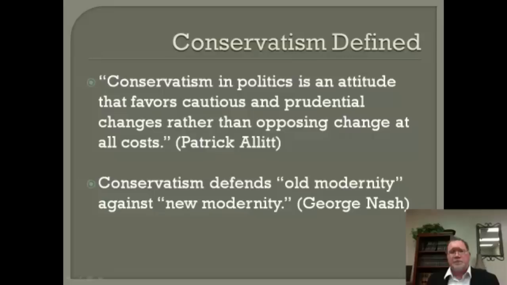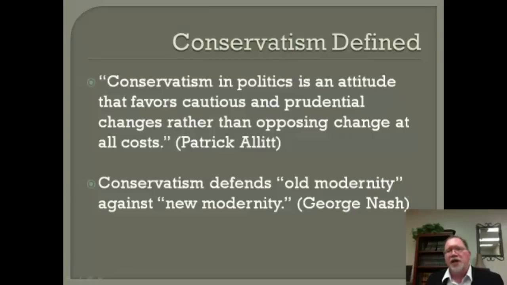So here again, Allitt is emphasizing the conservative value of tradition, where conservatives do not think it's wise or prudent to come in with sweeping changes to existing regimes, to existing legal structures and codes and that sort of thing. Change should be cautious, it should be prudential, it should be incremental. Conservatives are not necessarily opposed to change, but they want to see compelling reasons before they will go along with changes because, again, the old saw, if it ain't broke, don't fix it.